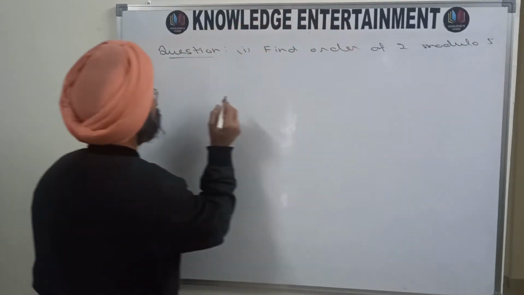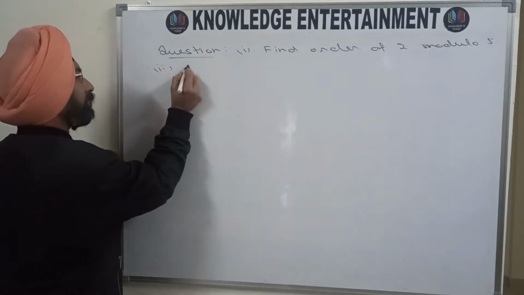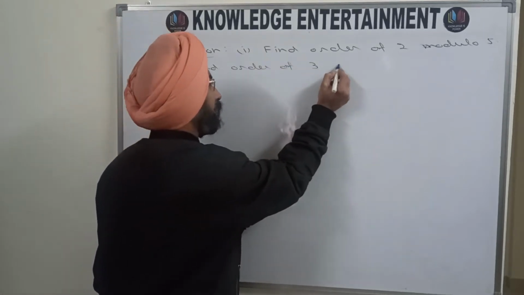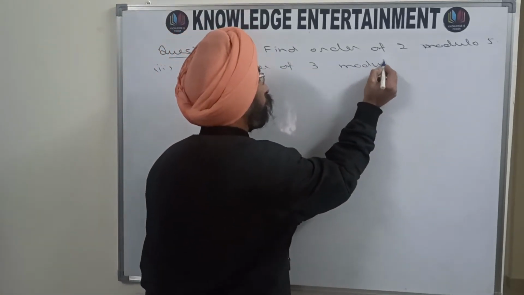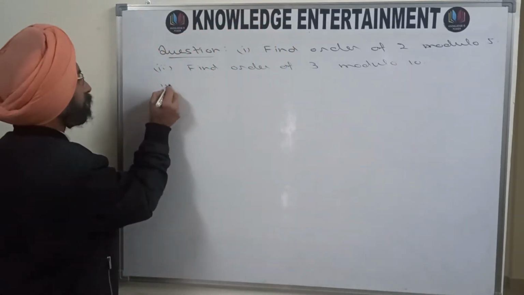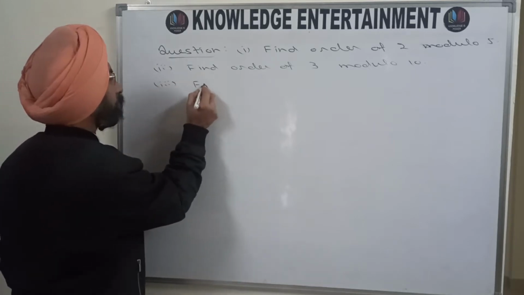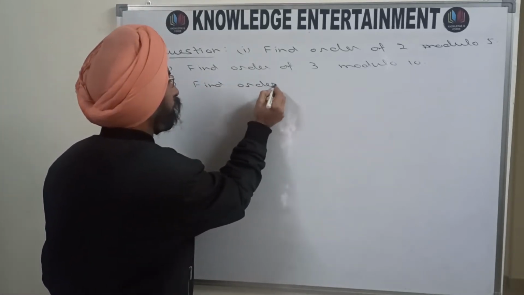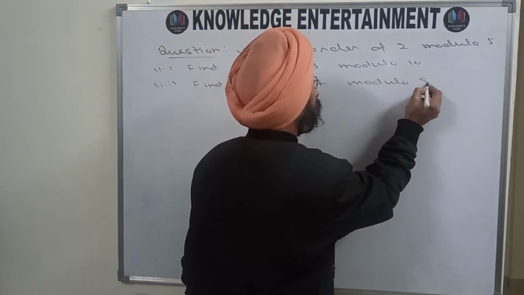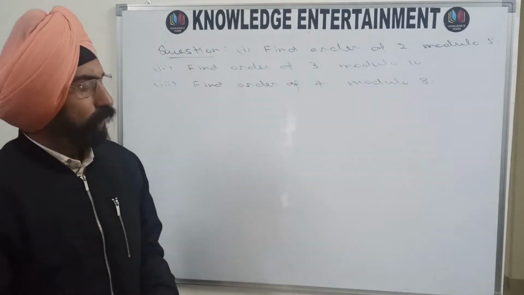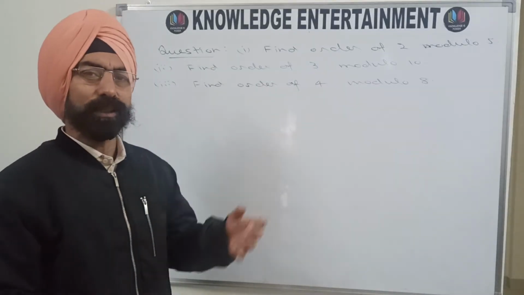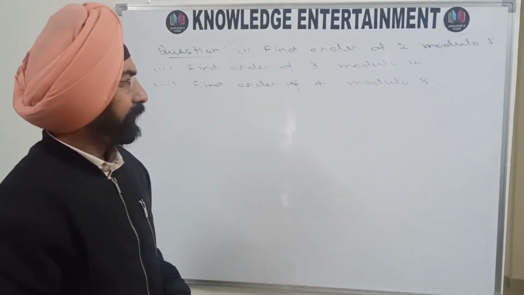Another example I will take: find order of 3 modulo 10. And let us have one more example: find order of 4 modulo 8. So here we are having 3 questions. We will try to find order of these natural numbers modulo the given integers.